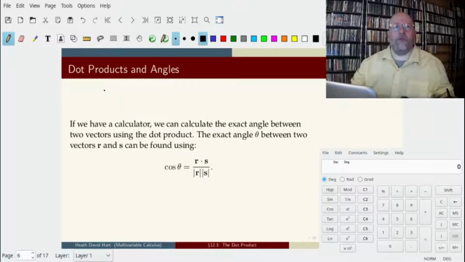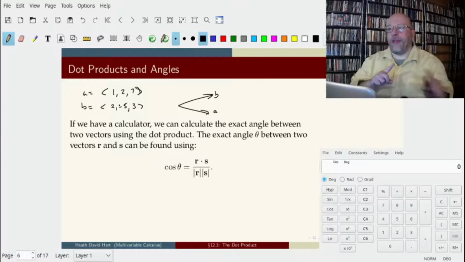And the problem is units. If I have a pair of vectors, A and B, and I am measuring these vectors in meters, so that, for example, if A is equal to 1, 2, 7, and B is equal to 2, -5, 3, well, these represent how many meters they have moved in the x direction or y direction.